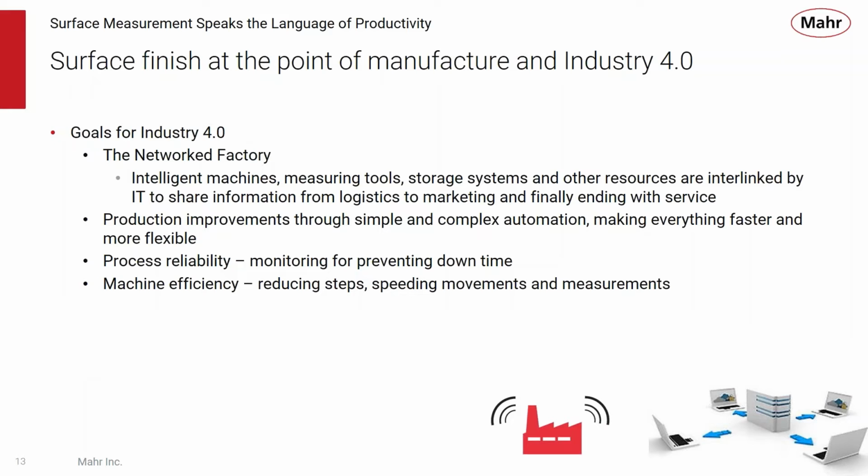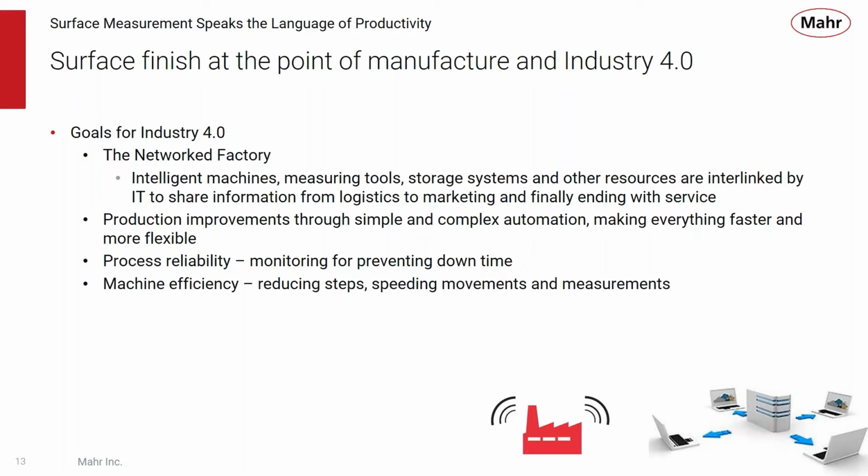And surface finish is also becoming part of Industry 4.0 because we're all trying to have the same goals. We want a networked factory with intelligent machines, measuring tools, gauging instruments, and all being interlinked by IT to share information.